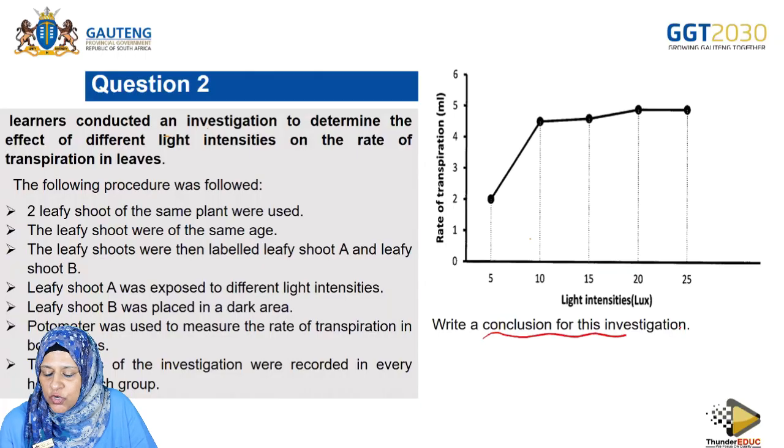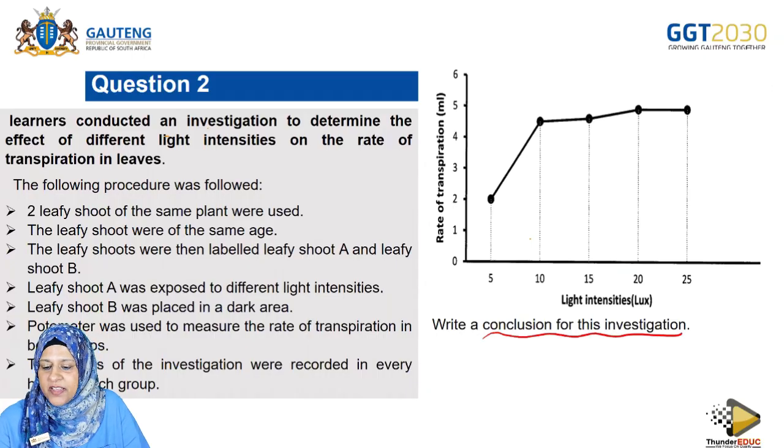What is the conclusion of this investigation? We must go to the results. There's our results in the form of a graph, right? We can talk about each section here. The rate of transpiration increased steadily from the light intensity of 5 lux to 10 lux. And then it was constant from 10 to 15.